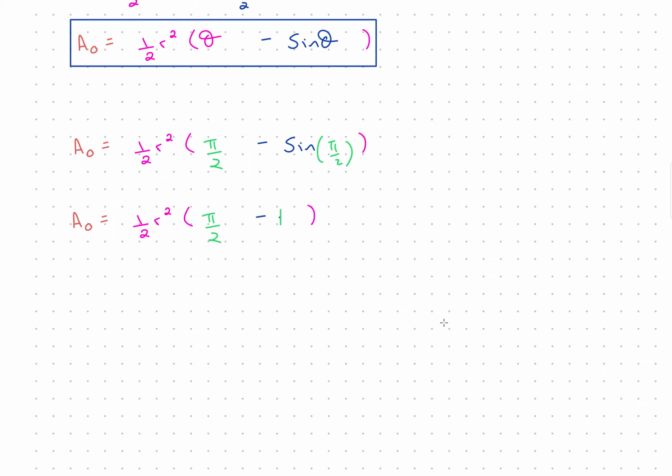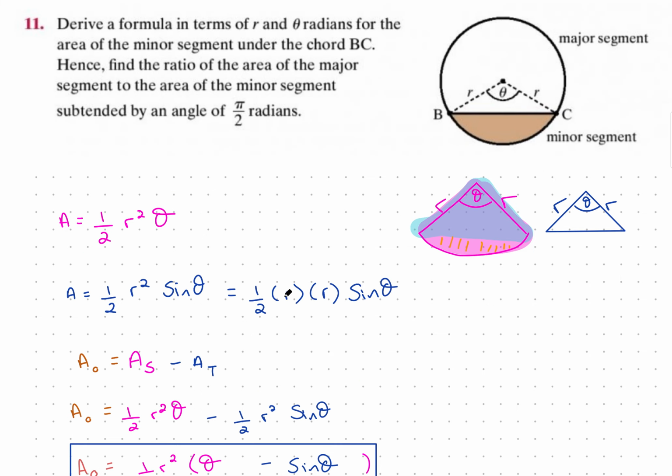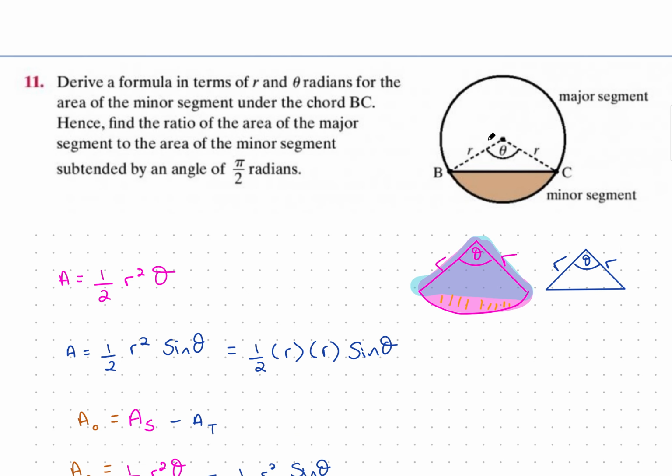Now I'm going to work on the major segment, which was basically everything else that remained. It seems like a horrible job to find out what all of that white section left behind is, but it really is just the full area of the circle, which would be pi r squared, take away the minor segment.